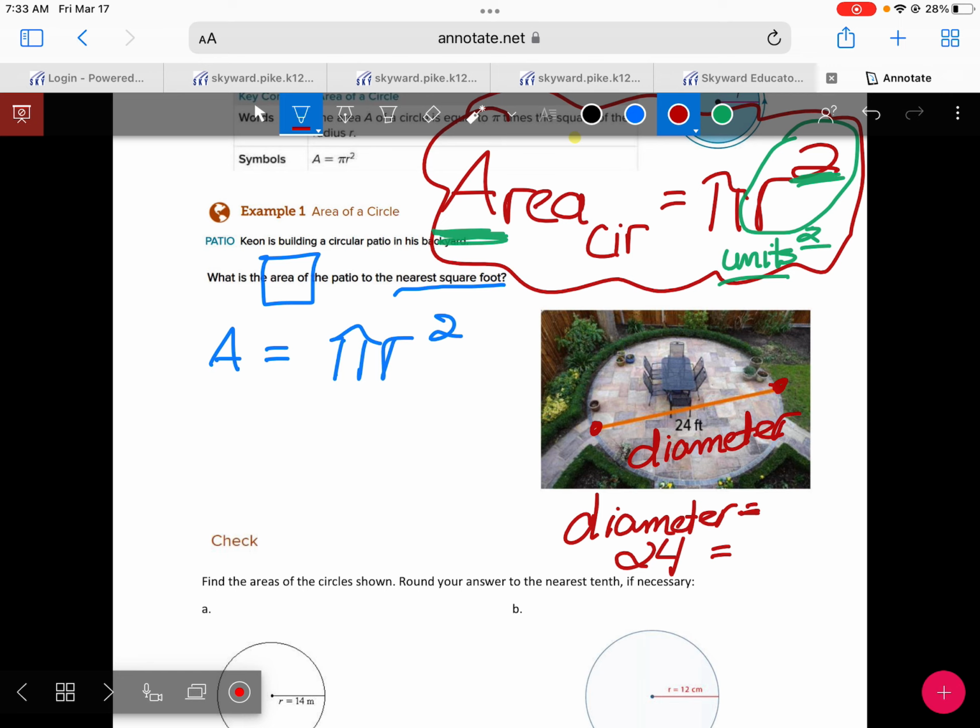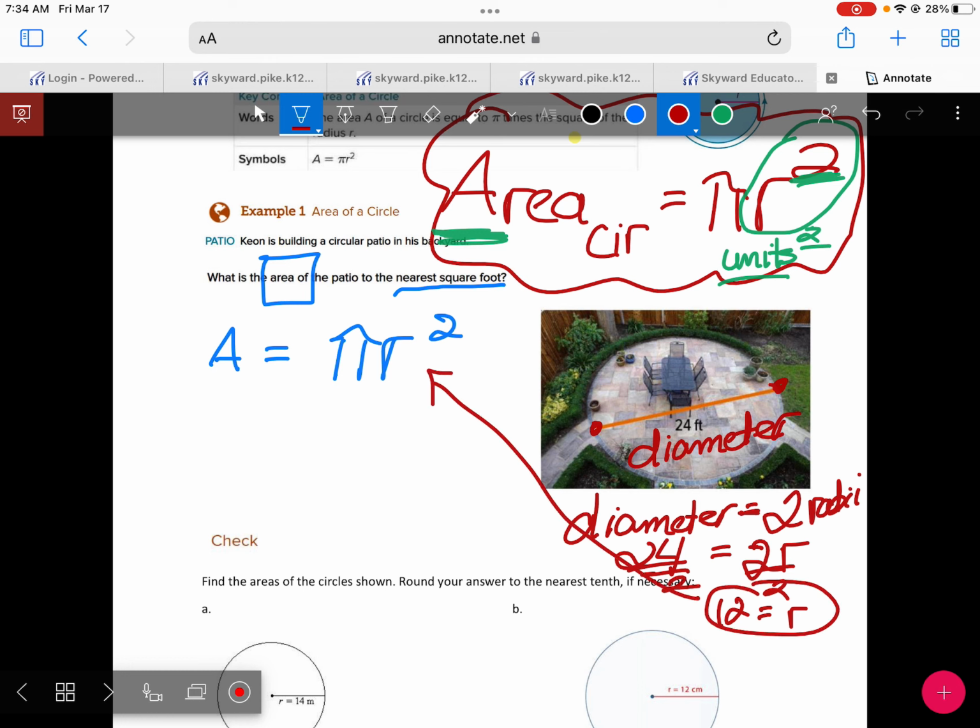Yes, the radius is half, or it takes 2 of the radii to equal the diameter. Okay? So 24 is equal to 2 times r, divide by 2, divide by 2. So radius is 12. So 12 is what I'm going to substitute up here.